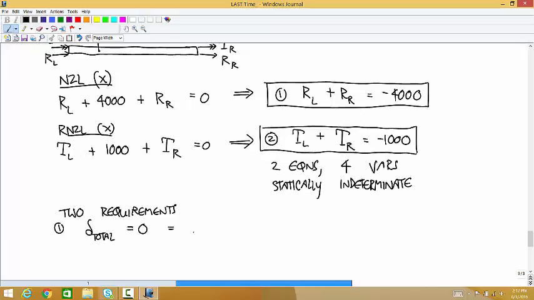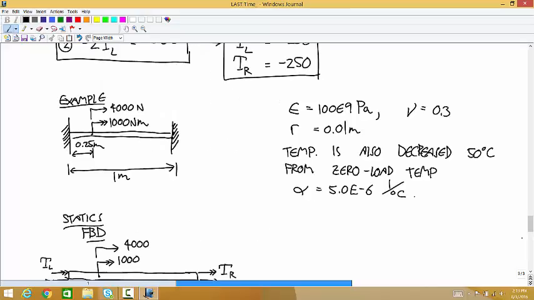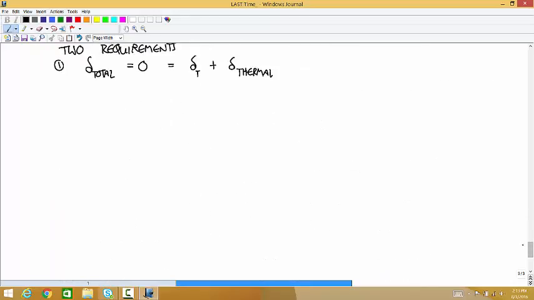And we can break that up into total change in length due to internal tension plus a total change in length due to thermal expansion. And then the second requirement says the angle of twist total has to be equal to 0.